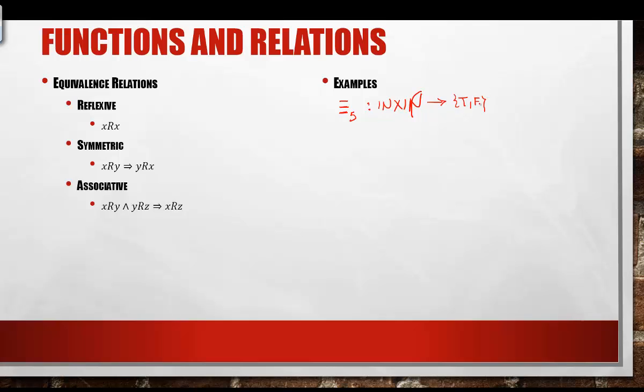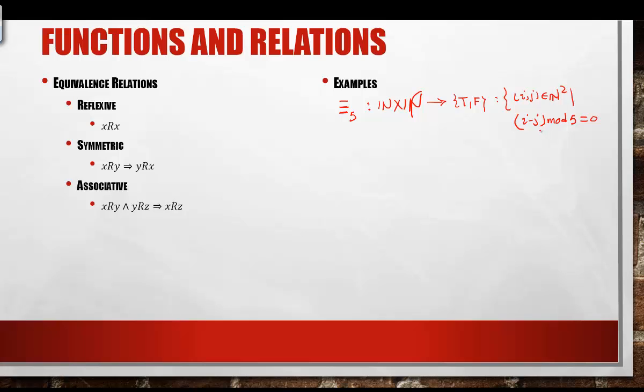And then we define this relation to be such that for a pair of i, j that we draw from n squared, we have i minus j mod 5 equal to 0.